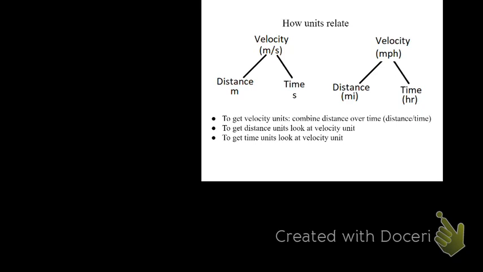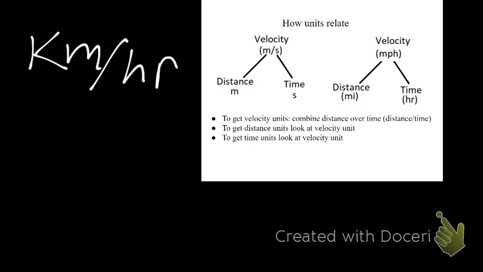To get the distance units, you're going to look at the first portion of the velocity unit. To get the time units, you're going to use the second portion. So, for instance, if we have km over hr, we know that the distance is measured in kilometers, and we know that the time is measured in hours.